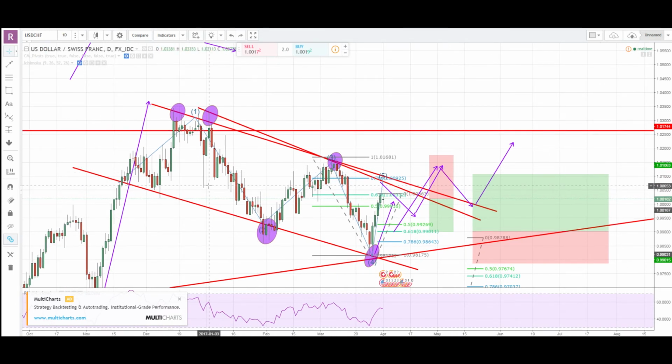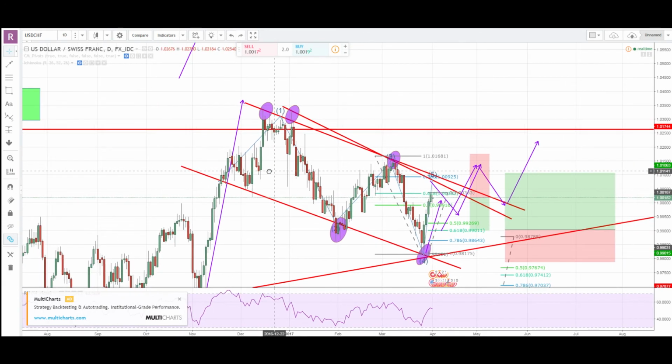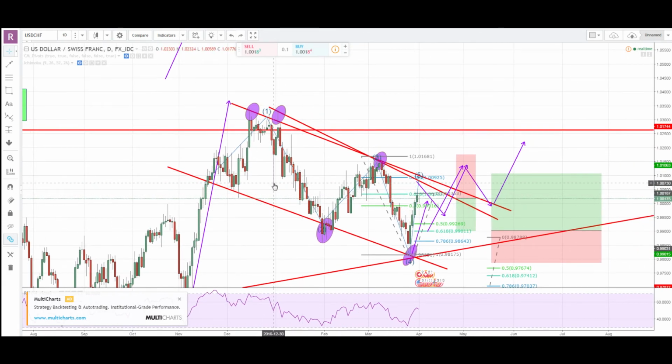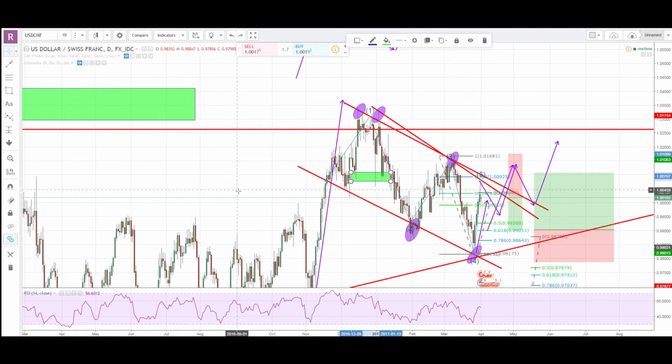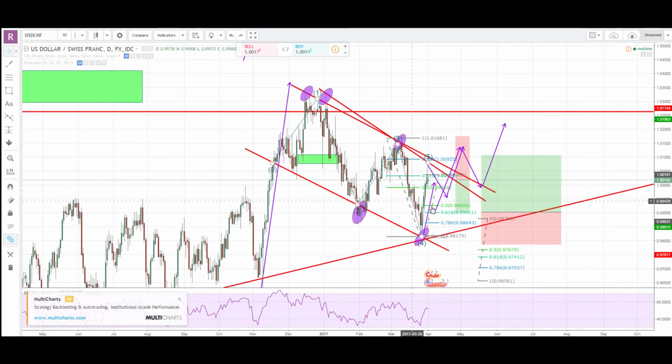Okay, if you want to look at structure, 1.2 Fibo of this swing is equal to this structure, which is something I really don't like. Yeah, I really don't like it.